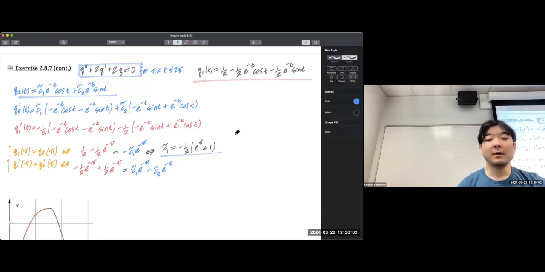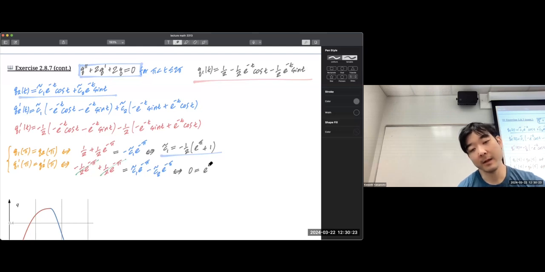Okay. On the left-hand side, these are just subtracting each other. So this will cancel with this. So we'll just have 0 is equal to, I'll factor out an e to the negative pi, and you'll get C1 tilde, because they're both e to the negative pi, minus C2 tilde.